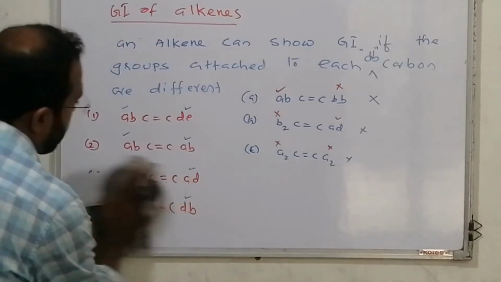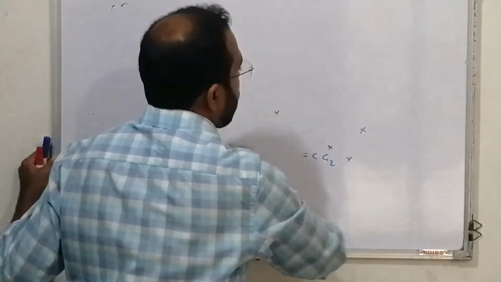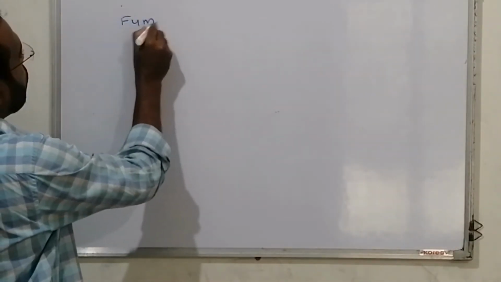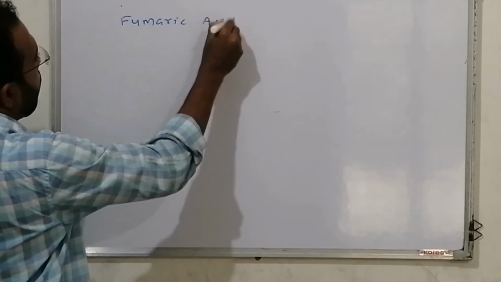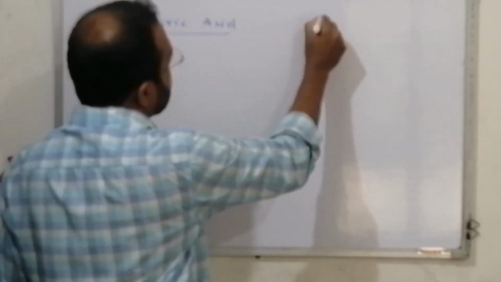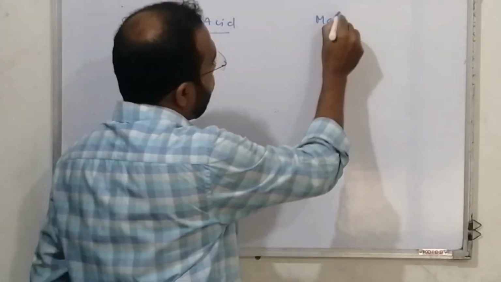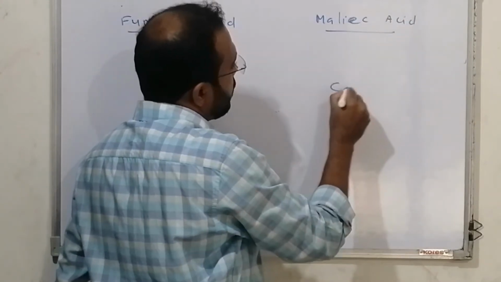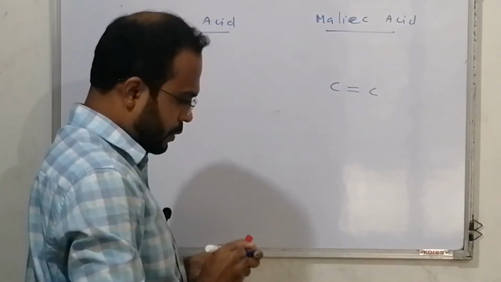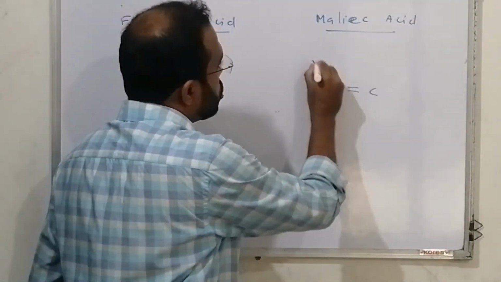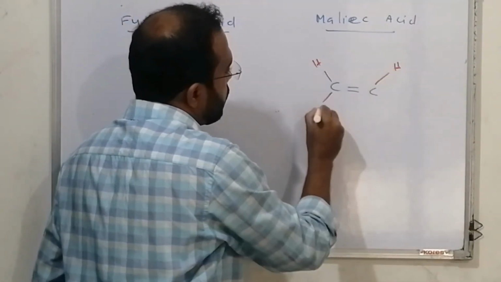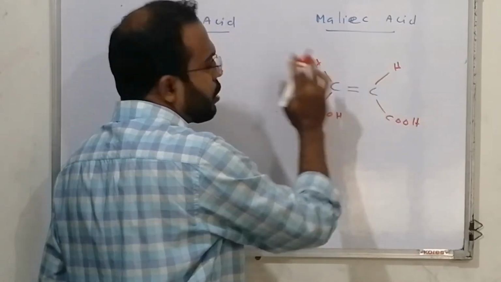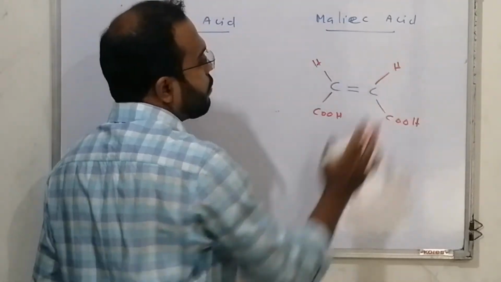I will come up with some examples. Maleic acid: C double bond C, H, COOH. These two groups are different, this side okay. These two groups are also different, this side okay.